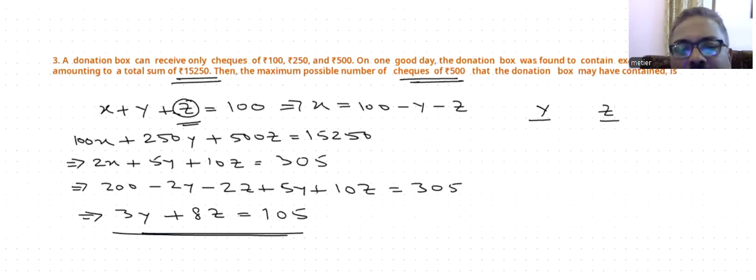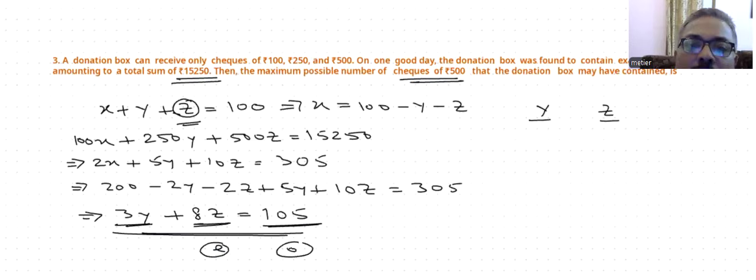What idea are we getting? 105 is odd. 8z will always be even. So if the total is odd and 8z is always even, 3y has to be odd. So the minimum value of y should be 1, if it is satisfying. Otherwise, the next value will be 3. Check.